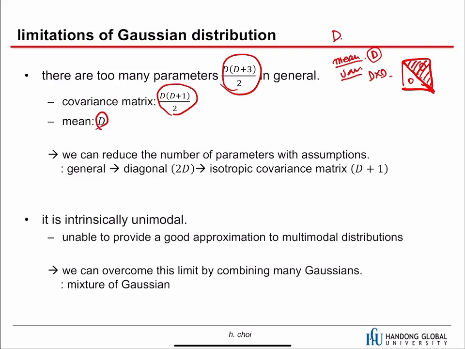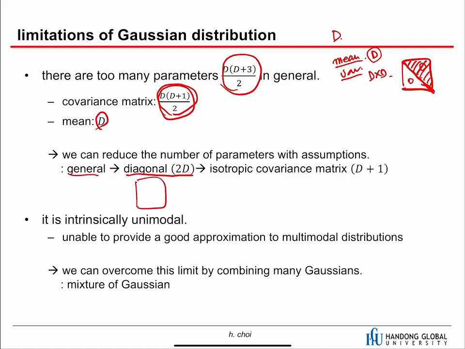Okay, and if too many parameters is the problem, then we can simplify or approximate. We can reduce the number of parameters with some assumptions or approximations. In general, we have this many parameters for the covariance matrix, but sometimes we can use a diagonal matrix.